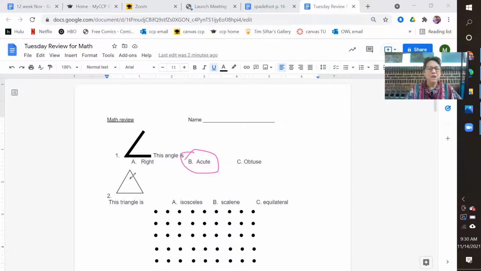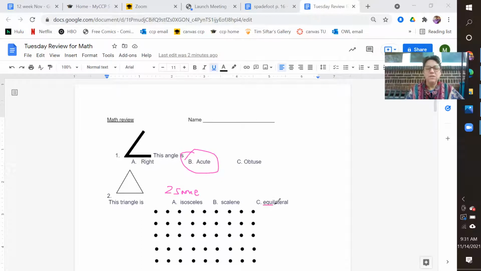Second one is a triangle, and we'll look at isosceles triangles, scalene triangles, and equilateral triangles. So an isosceles triangle has two sides the same, and only two. And a scalene triangle is none of them are the same.